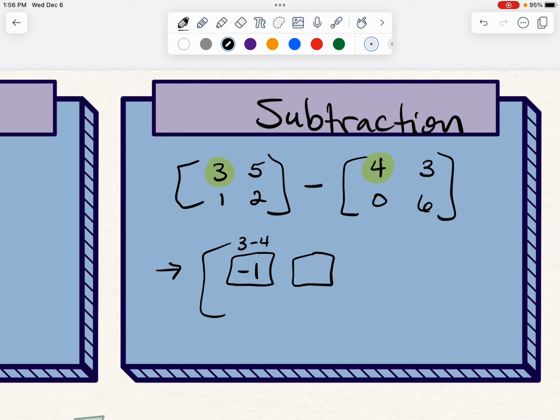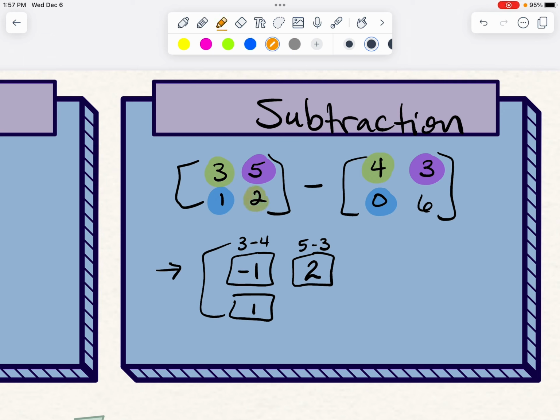In our next spot, row 1, column 2, we have 5 minus 3, which is a positive 2. For our second row, we have 1 minus 0, which is just 1.